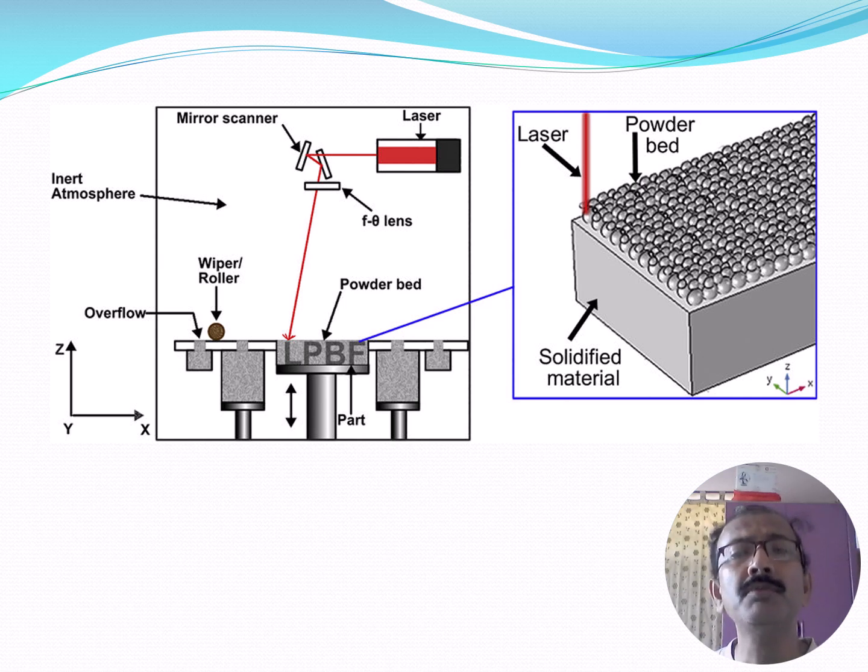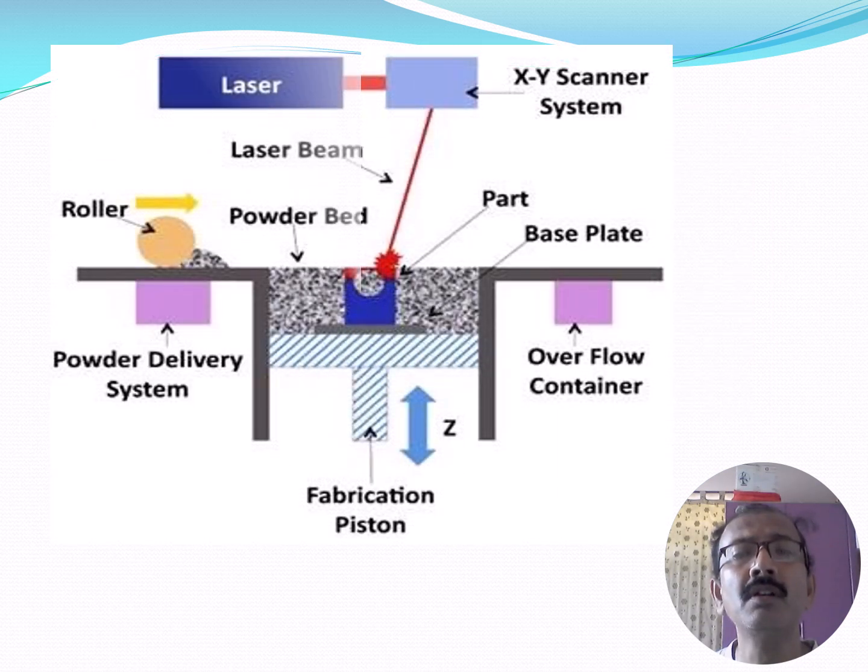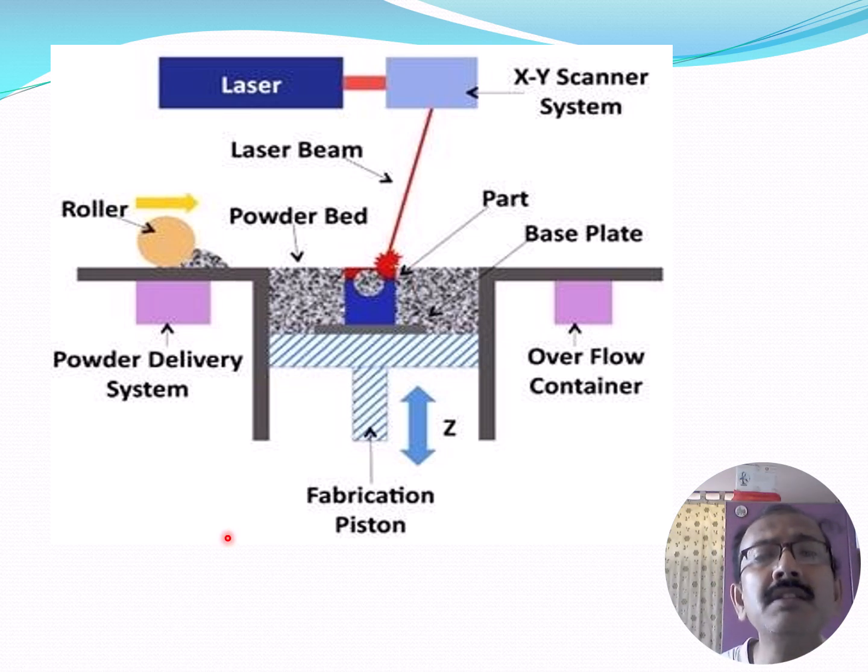If you see the diagram, it looks like this. I have already discussed this. This is the laser, this is the scanning system, and the laser beam comes and hits the powder, and the powder is fused and forms a layer. This is the base plate.